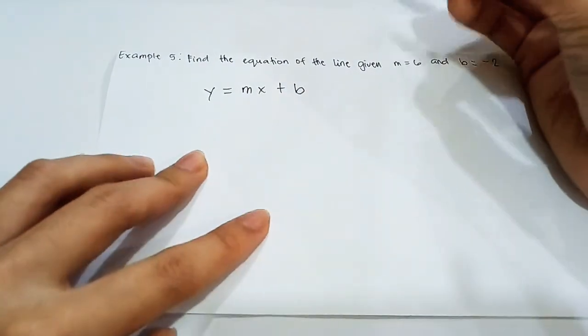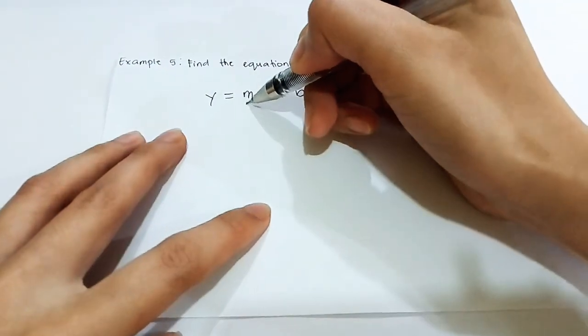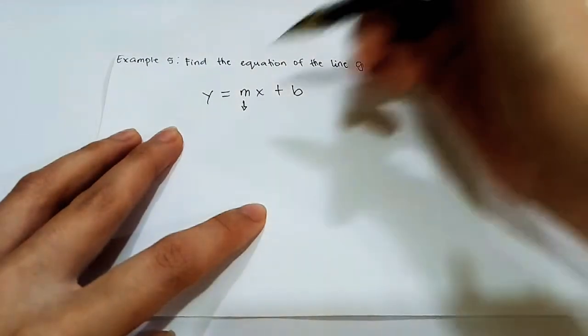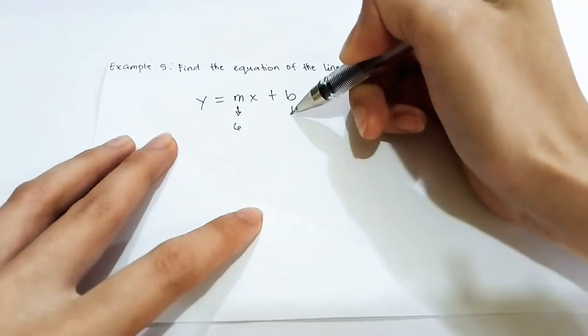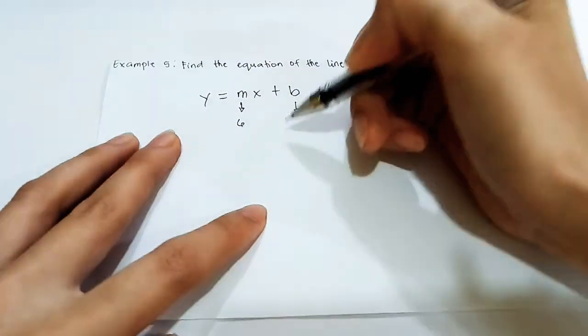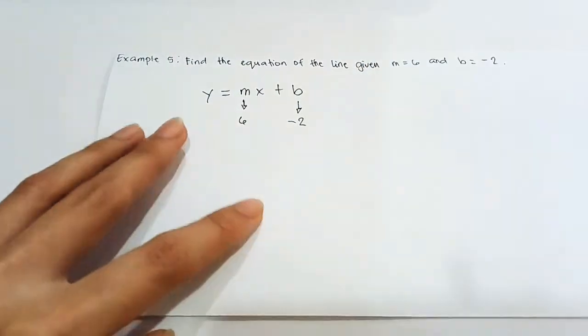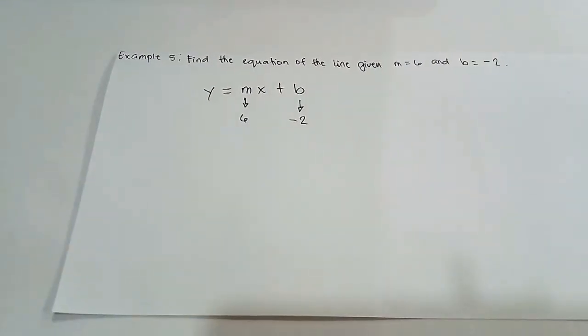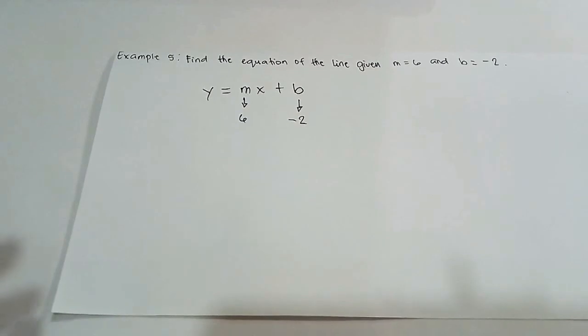So we are given slope m, which is 6, and y-intercept b, which is negative 2. So we can directly substitute the given values of m and b.